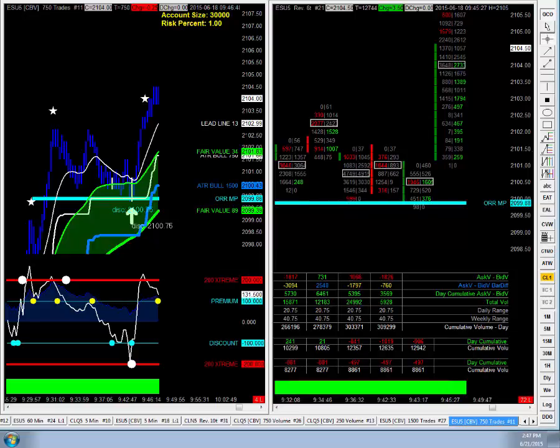So let's start off here on the left-hand side with the traditional chart that we look at. This cyan color heavy line here is the opening range rotation midpoint. This particular trade opportunity occurred just shortly after the opening.